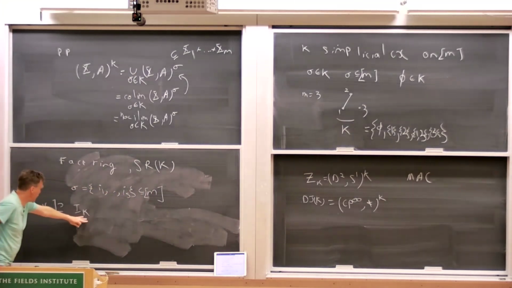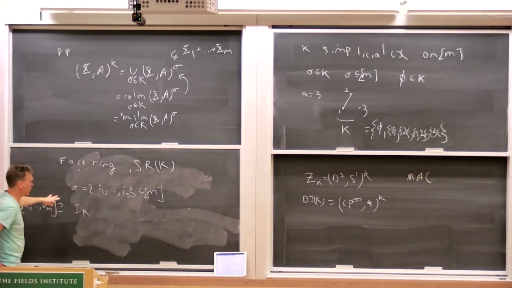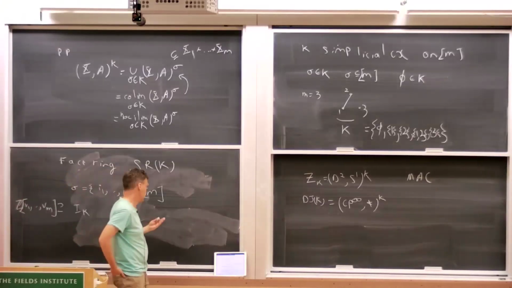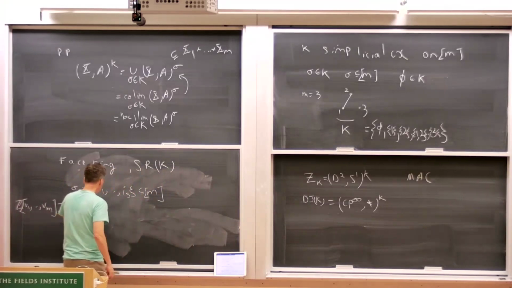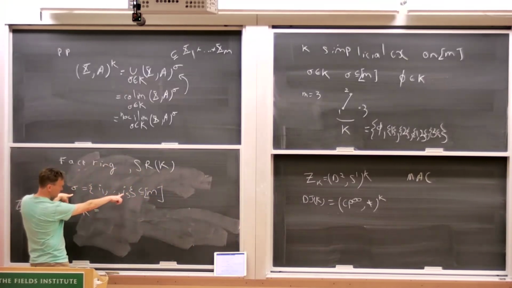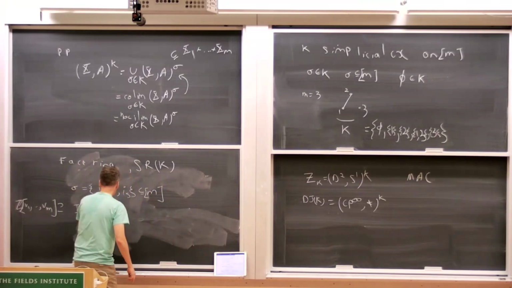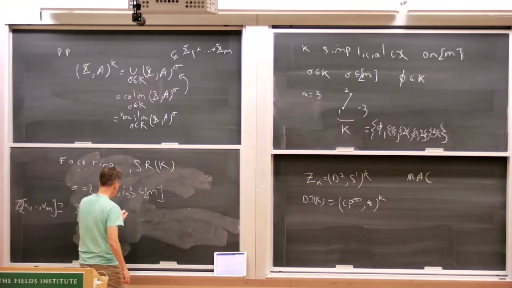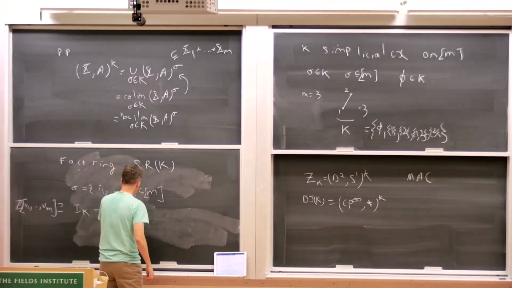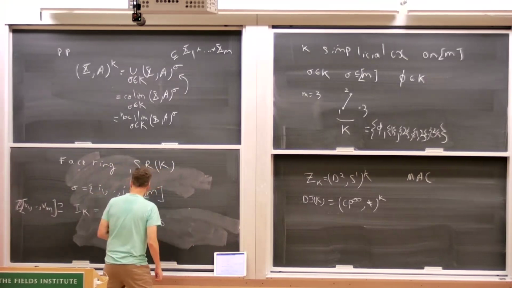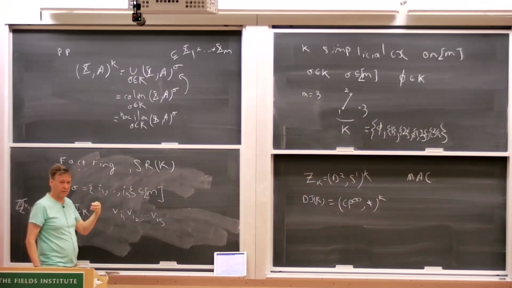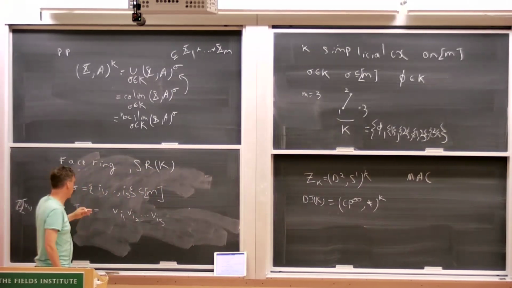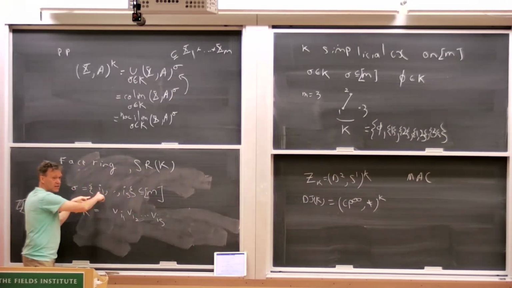And I'm going to define an ideal which sits inside this polynomial ring, generated by things of this form. You product these out and you get v_{i1} times v_{i2} up to v_{is}. So this is a monomial. It's the product of the generators which correspond to this subset.